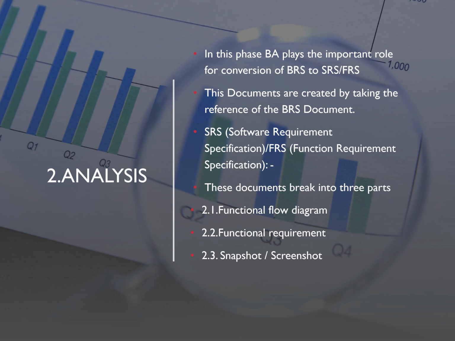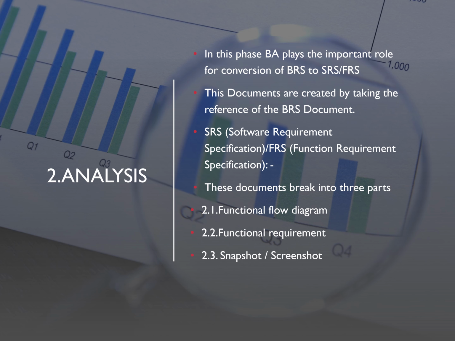In the analysis phase also, the business analyst is the important person here, and the business analyst will take the reference of the BRS document, and by taking the reference of the BRS document, the business analyst will create the SRS or FRS document.